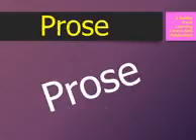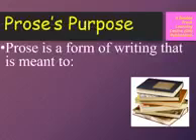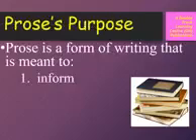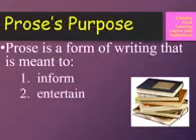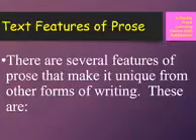Now let's quickly look at prose. What's the purpose of prose? Prose is a form of writing that is meant to inform, entertain, persuade, describe. What are the features? There are several features of prose that make it unique from other forms of writing.